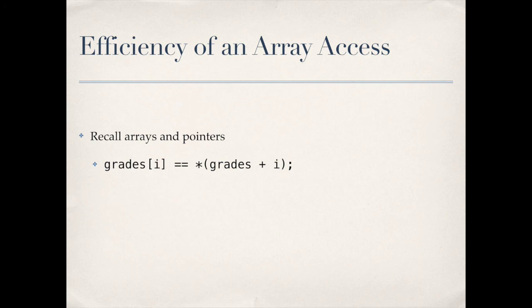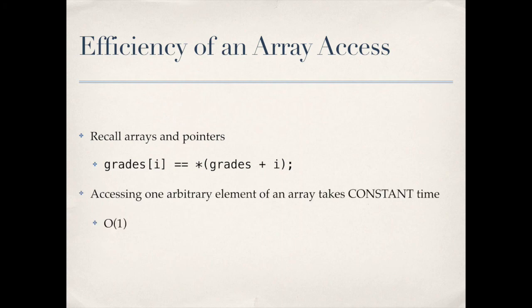So if we write down here grades at position i, this is the same as if we would write down grades plus i, and we take the value of this resulting address. You can now easily see that it doesn't depend on whether grades has 5 elements or 500,000 elements.